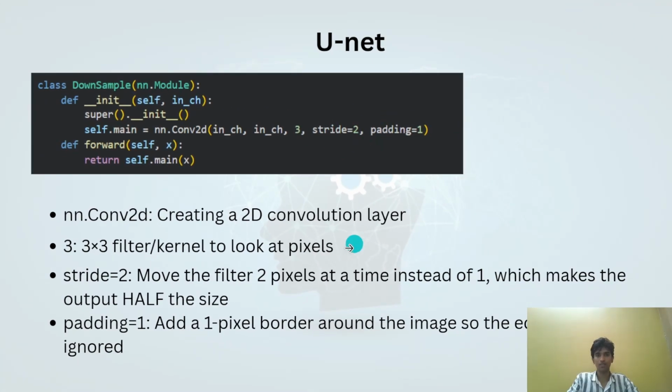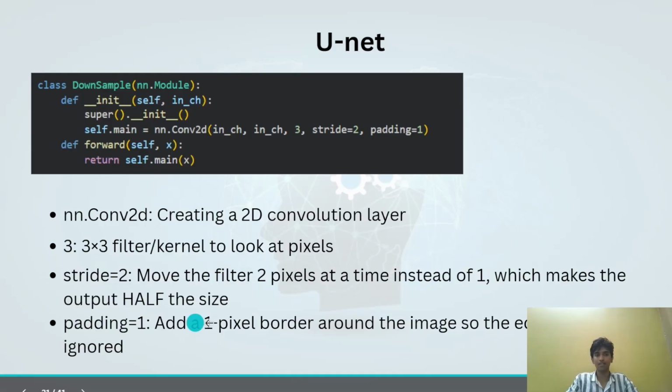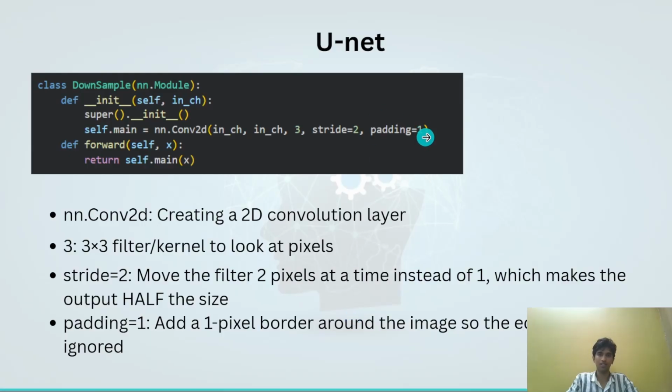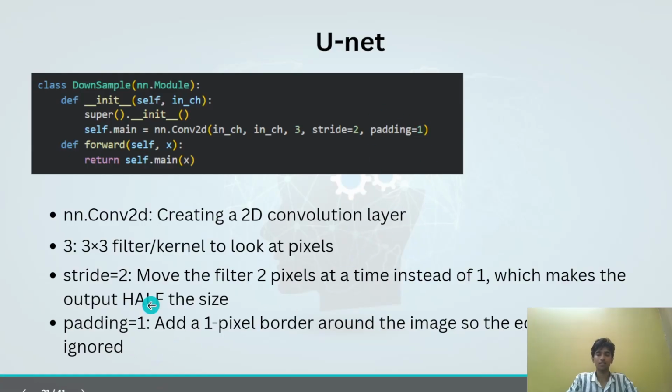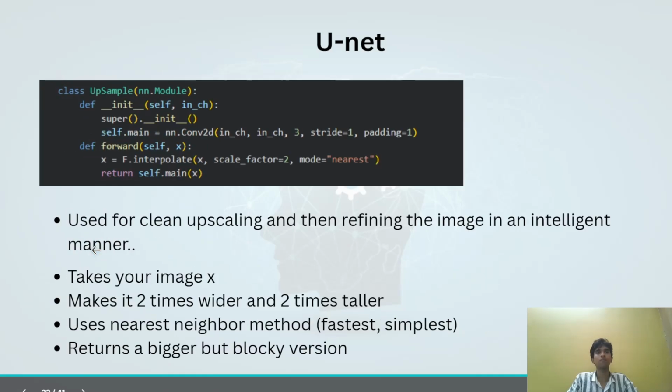Stride 2 means move the filter 2 pixels at a time instead of 1, so as to make the output half the size, because this is downsampling. We are reducing the amount of pixels. The padding is just to add a 1 pixel border around the image so that the edges do not get ignored. These are generic terms which are used in any convolutional neural network.